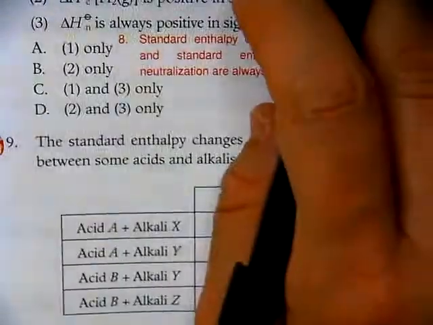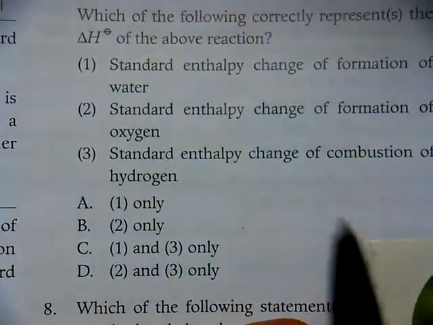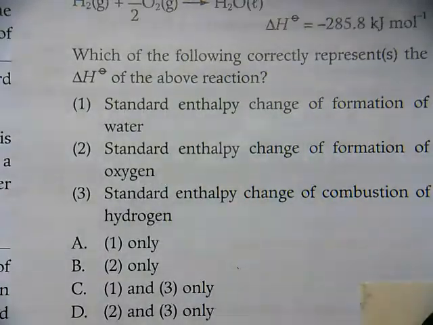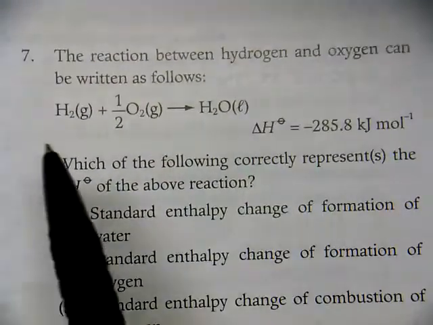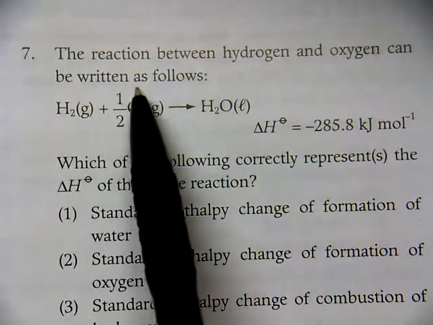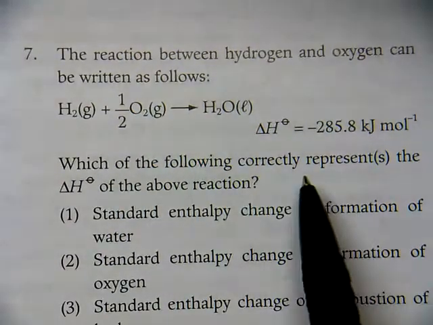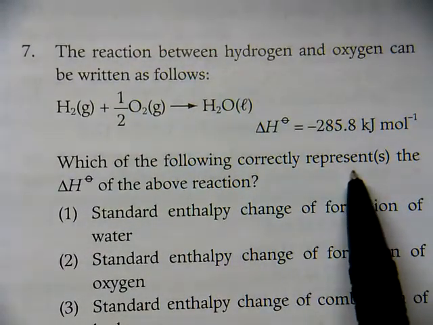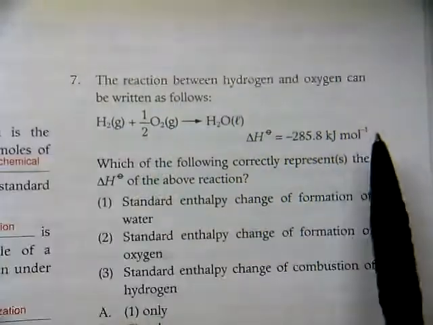Next, question number 7. The reaction between hydrogen and oxygen can be written as follows. Which of the following correctly represents the delta H of the above reaction?